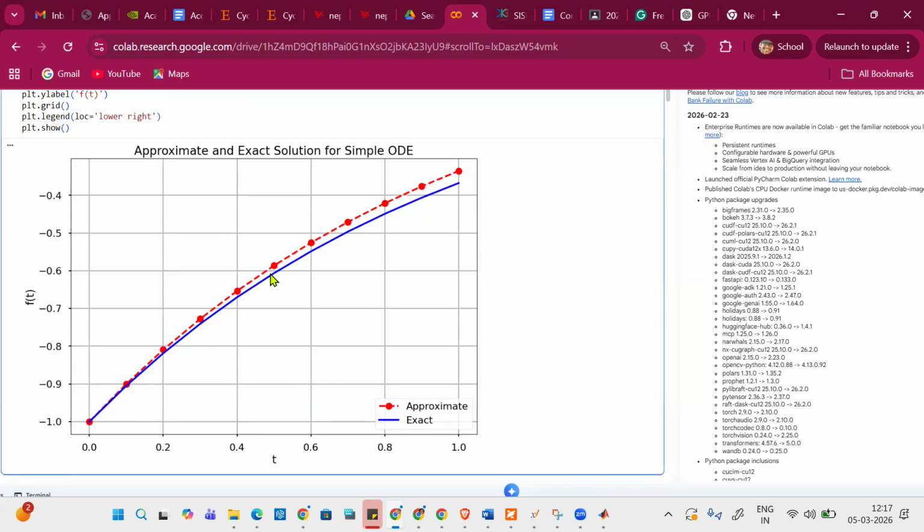You can see that as the time increases, the error is increasing. You cannot see the difference much, but from this one, you can see that the initial value is very close, then it started getting separated out.